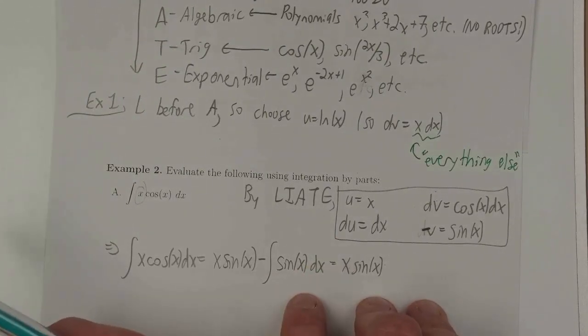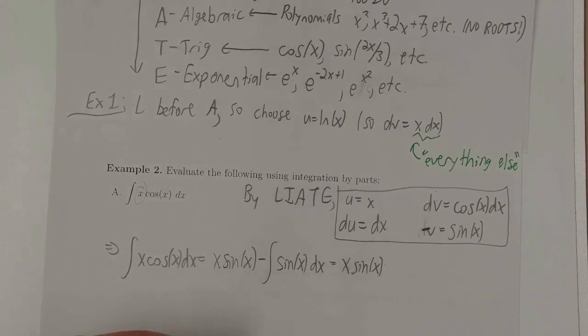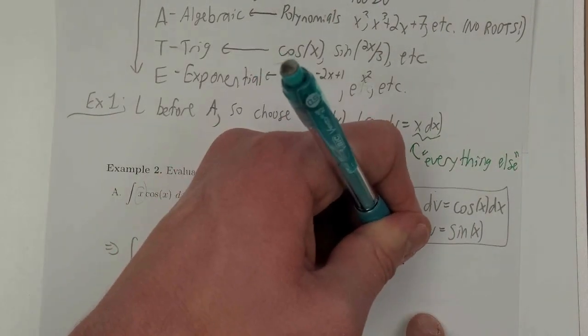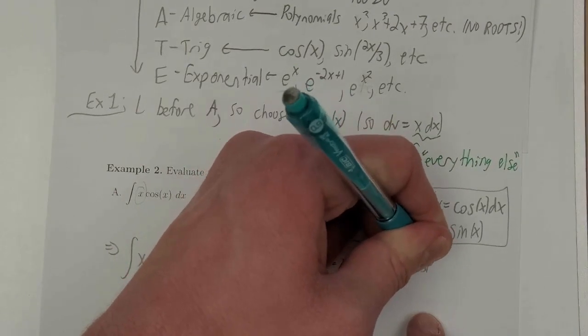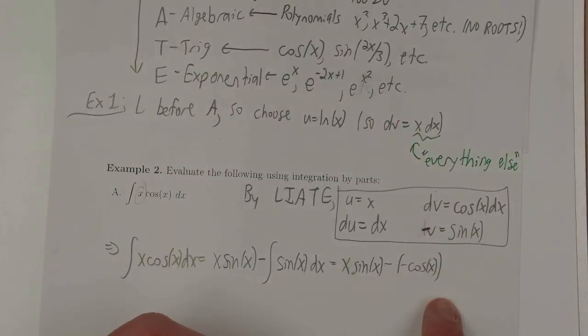So someone else, what would that be? Yeah, so we have minus negative cosine of x, right? Okay, and then what's the last thing we need after every integration?